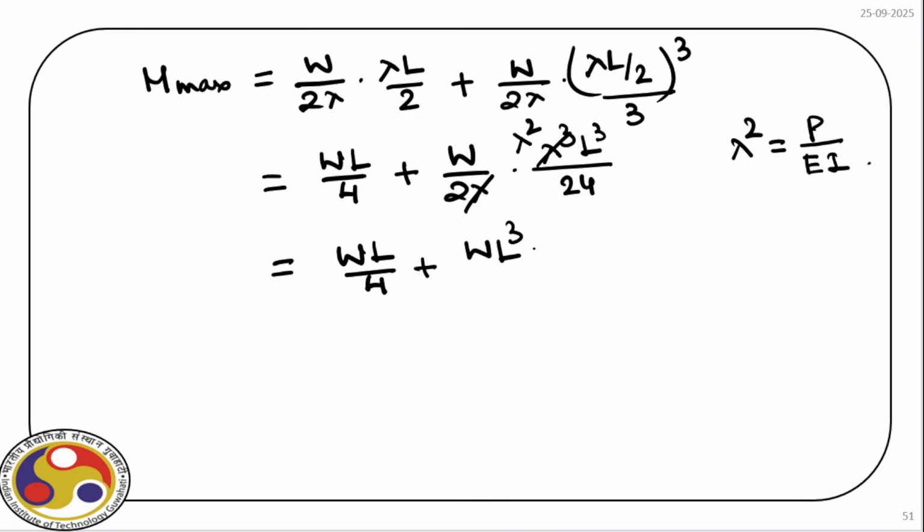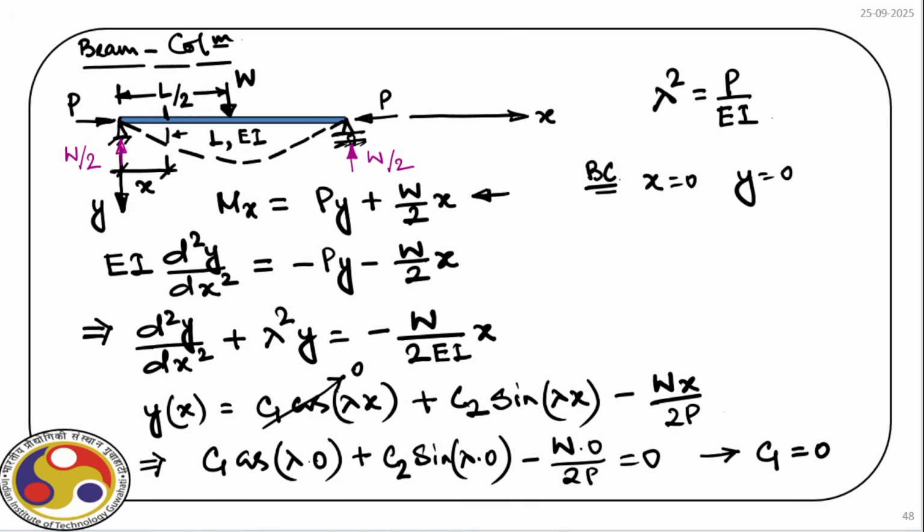In place of lambda square we can write P divided by 48 EI. Okay, so that is the maximum moment at the middle of this beam column when the ends are simply supported and the compressive force is P, and we have W as the point load acting at the middle, right?